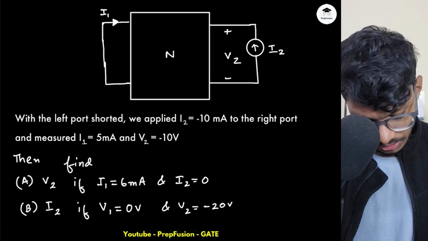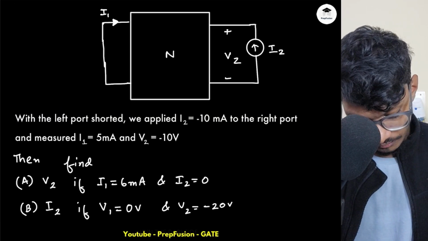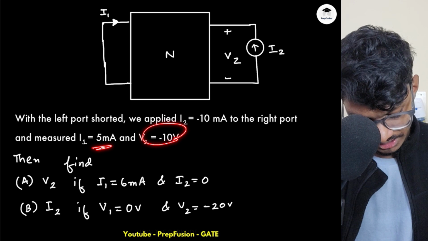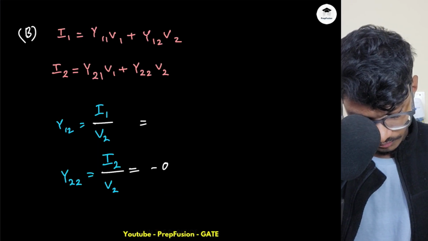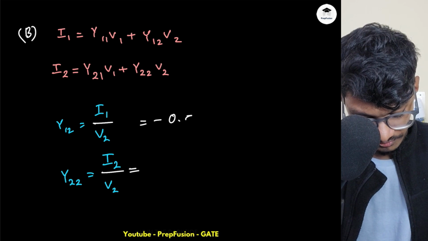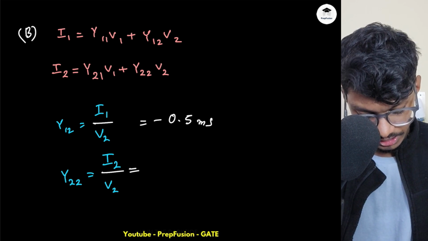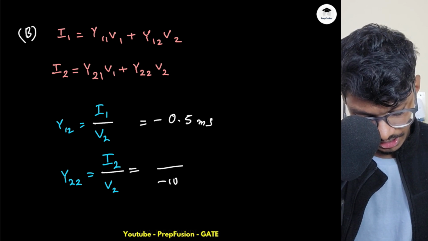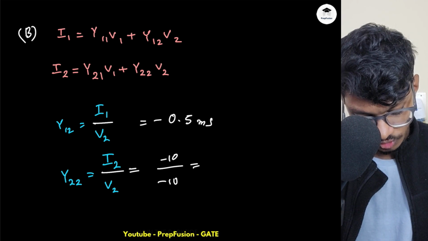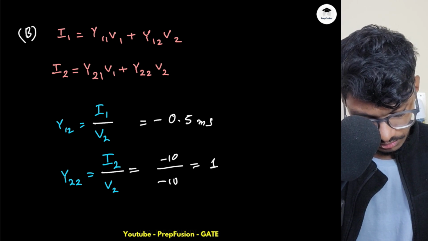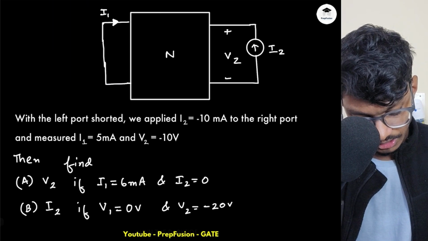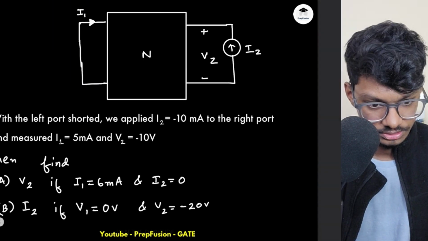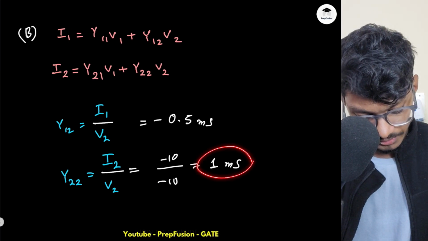I1 is 5 and V2 is minus 10, so it will be minus 0.5. I1 over V2 will be minus 0.5 millisiemens. Again, V2 is minus 10 and I2 is minus 10, so Y22 will be 1 millisiemens. They have given us the information that V2 is minus 10 and I2 is minus 10. So it is 1 millisiemens.